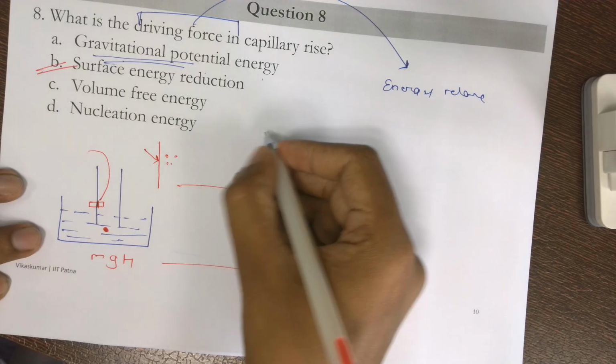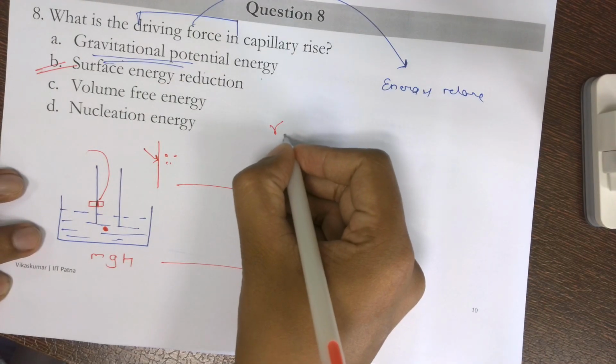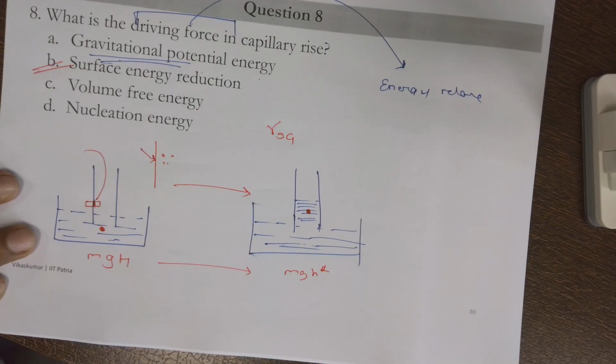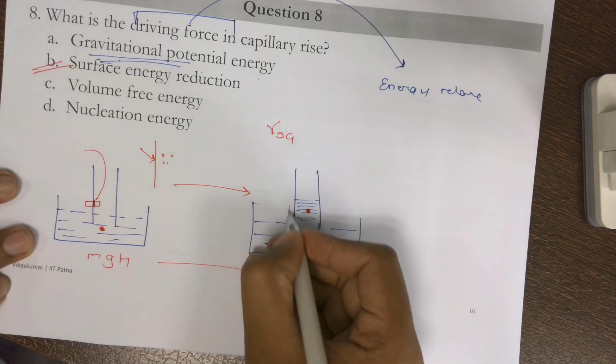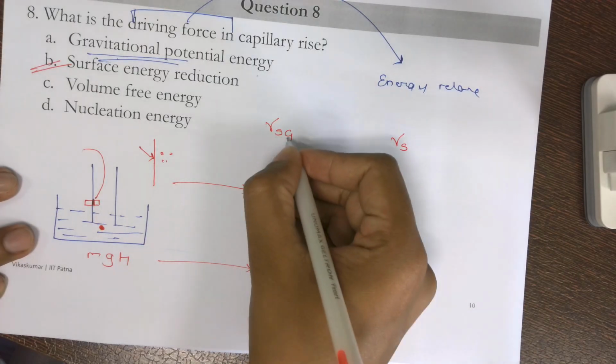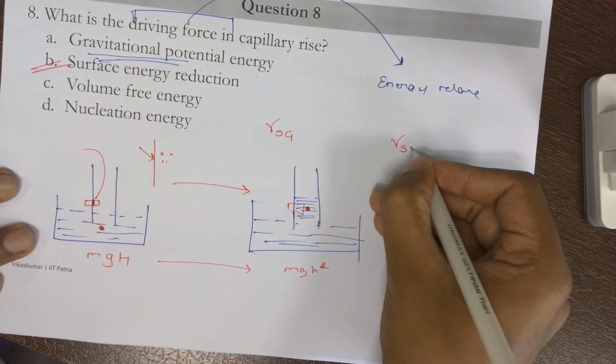So the interface is governed by the solid and gas interaction. Now what will happen once this liquid has formed over here? The interaction is no longer solid and gas, it's between the solid surface and the liquid.